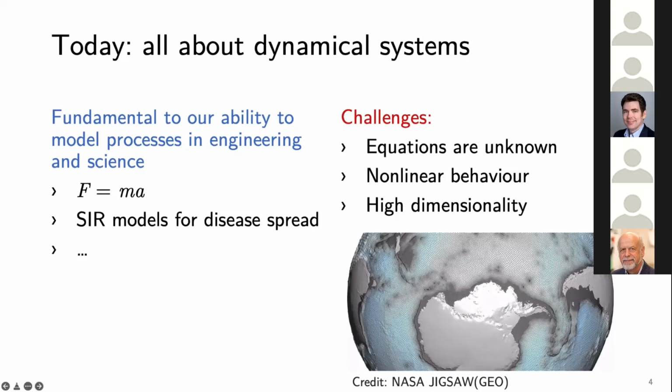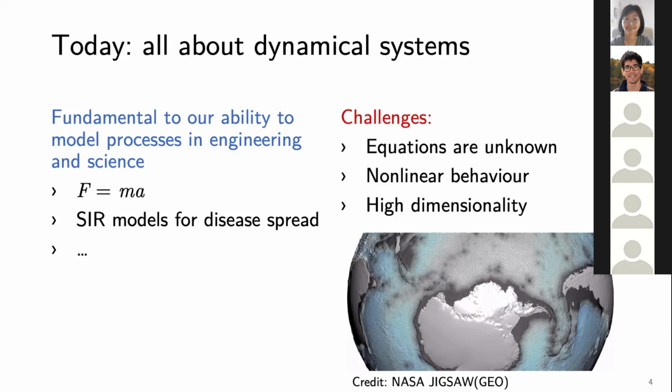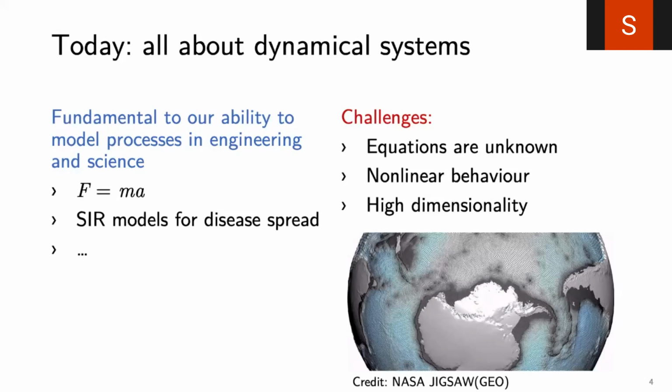One example is shown here. This is a computational mesh that's used for a global climate model from NASA. You can see just how dense this mesh is, how high dimensional the system would be, and how incredibly expensive it would be to actually solve the system of equations.